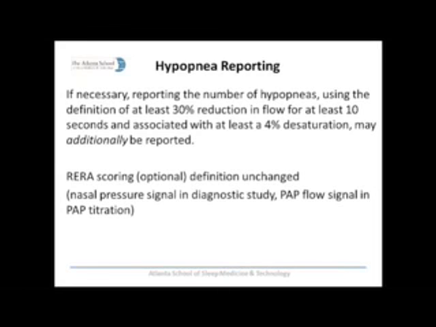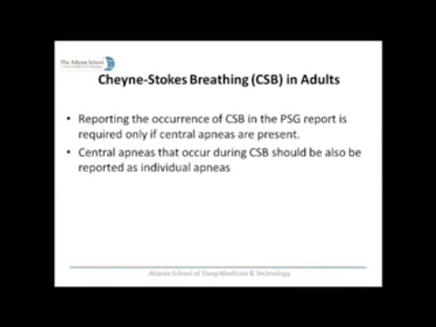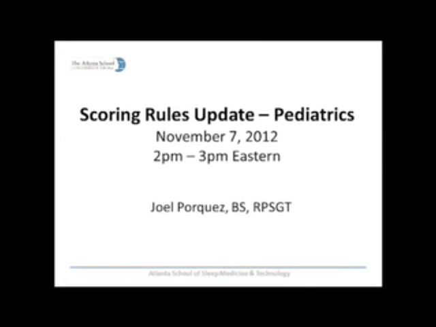Okay, and Terry, someone is asking for the CMS rules again, if you can just quickly cover that for us. Sure, the CMS rules are unchanged. I'll go back to that slide if I can.